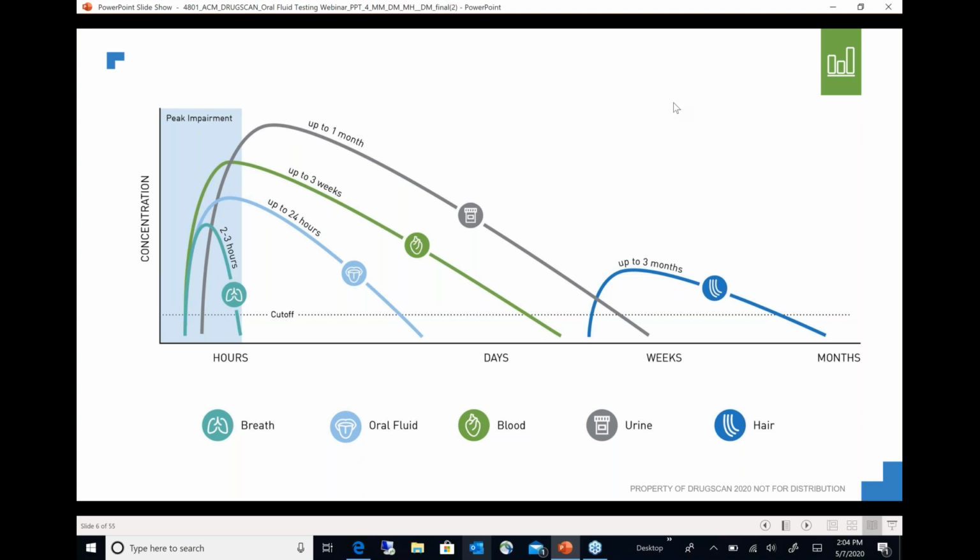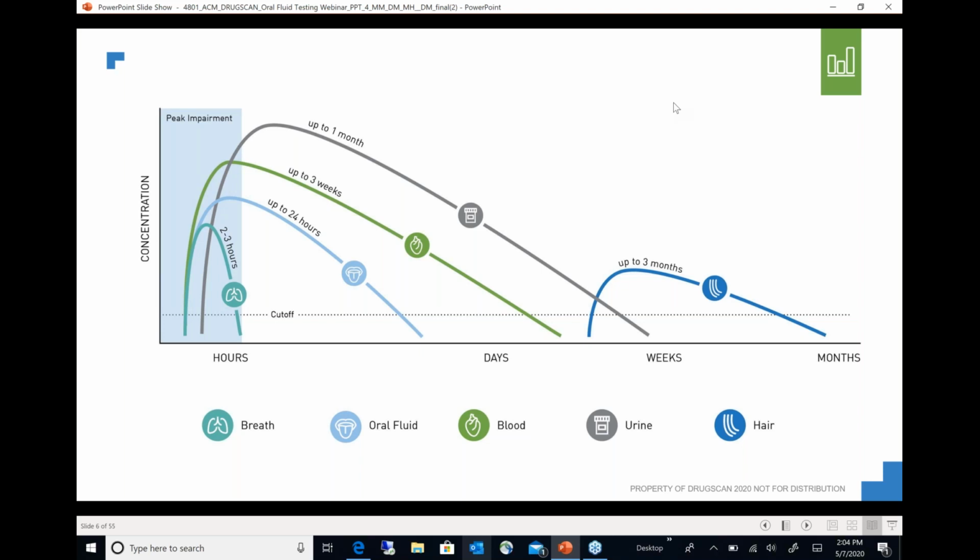Both breath, oral fluid, and blood begin to rise upon the ingestion of a certain product, with the breath having the shortest window of detection, up to 2 to 3 hours, with oral fluid having a typical window of detection up to 24 hours, though we will discuss some drugs that have a longer window of detection than that.